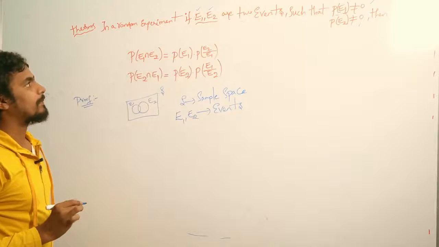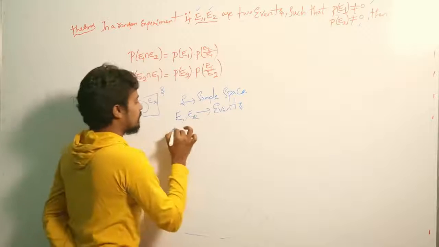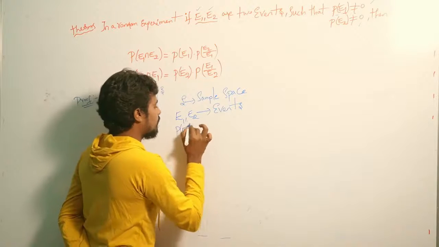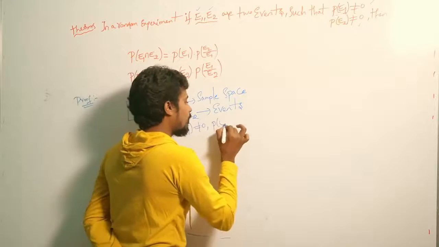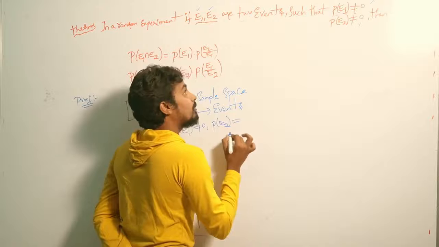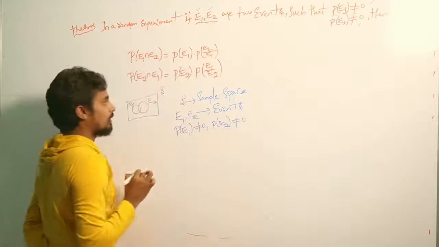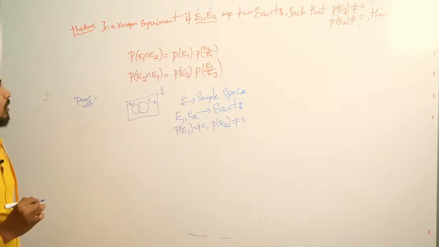The events are such that P of E1 is not equal to 0 and P of E2 is not equal to 0. And how to solve this?